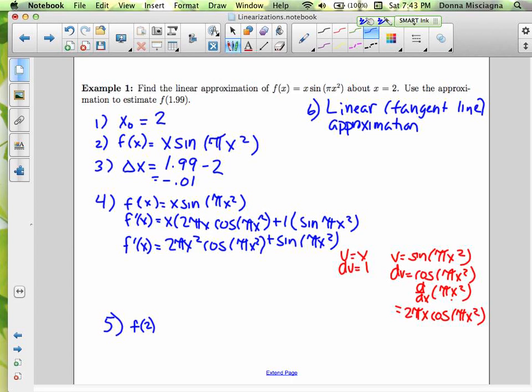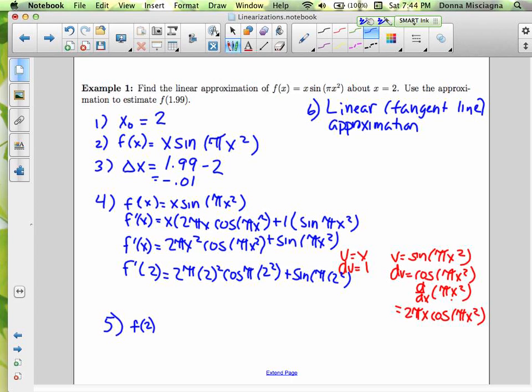There we go. Now we need to evaluate our derivative, and evaluate our function. f prime of 2 is what we're using. So that's going to be 2 pi times 2 squared, times cosine pi 2 squared, plus sine pi 2 squared.